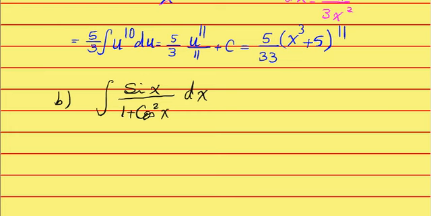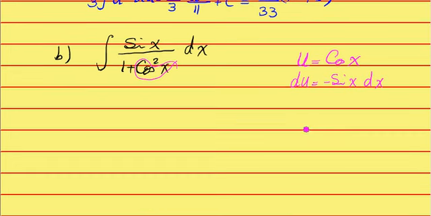That gives us an idea to call cosine of x, call it u. Excuse me. Then du becomes minus sine of x dx. Well, let's continue with the substitution.